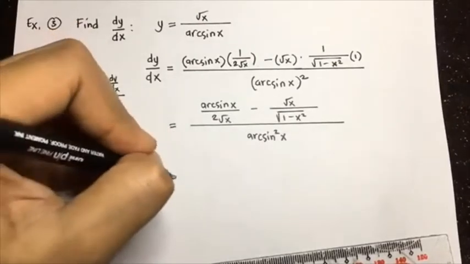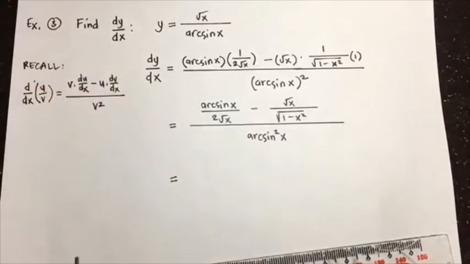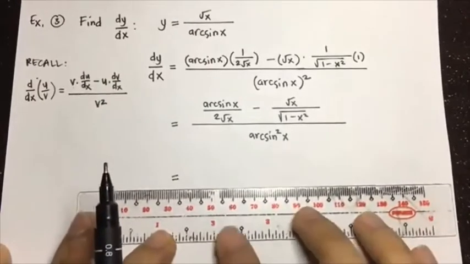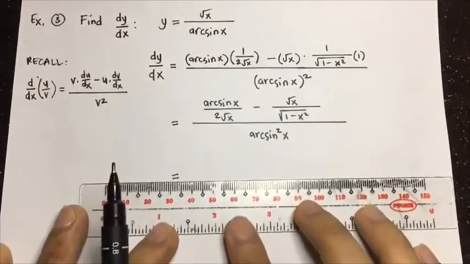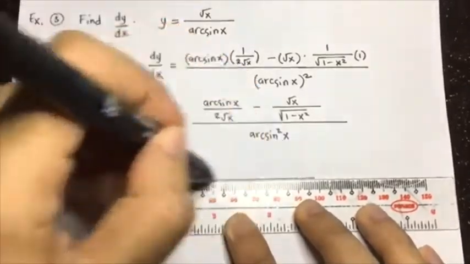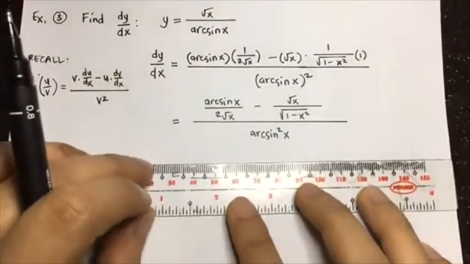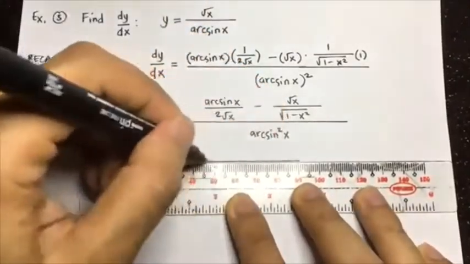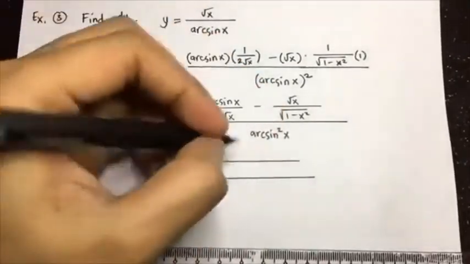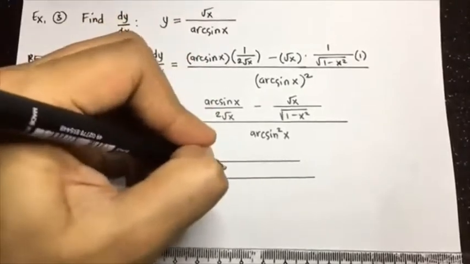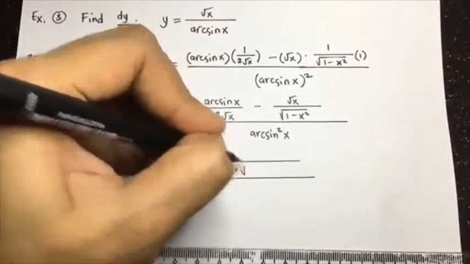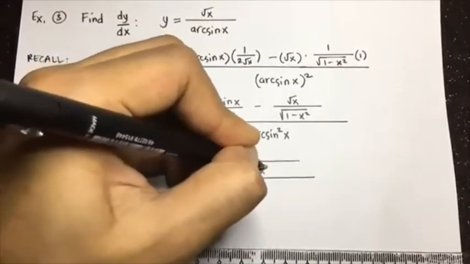so maybe we can simplify so that we won't have a complex fraction. Okay, so we will add the numerators. So their least common denominator is 2 square root of x multiplied by square root of 1 minus x squared.